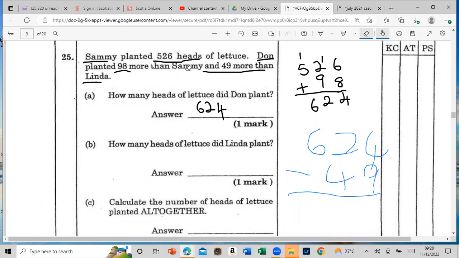So we'll have to subtract the difference to make it be 49. Remember, if you plant 98 more than one person, you can't add the 49 to that person, because it's gonna be too great. It's gonna be 98 plus the 49.